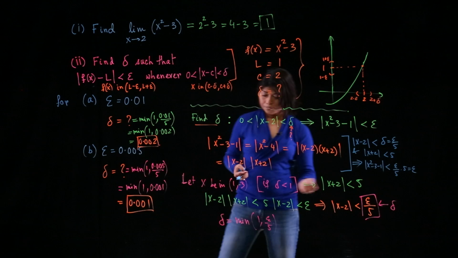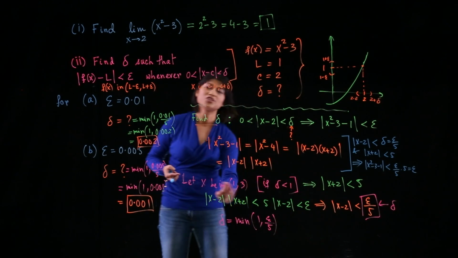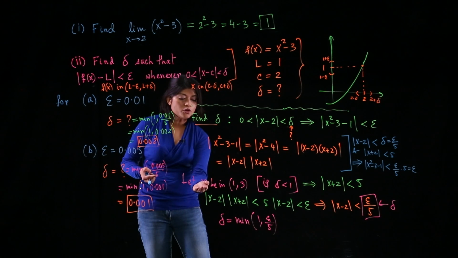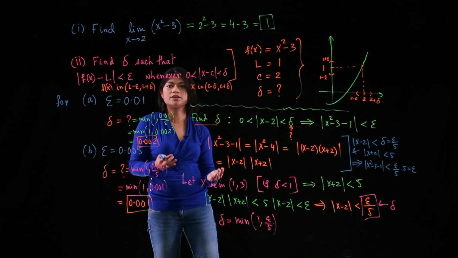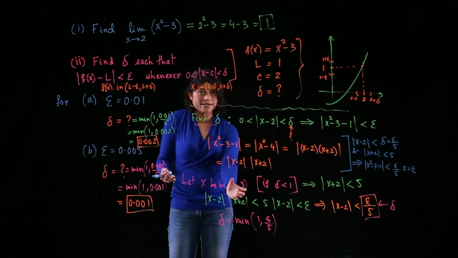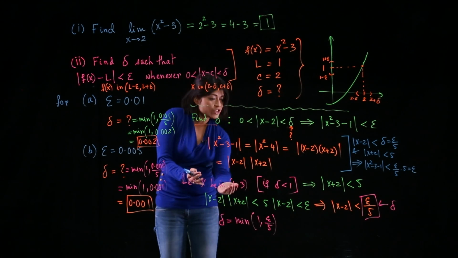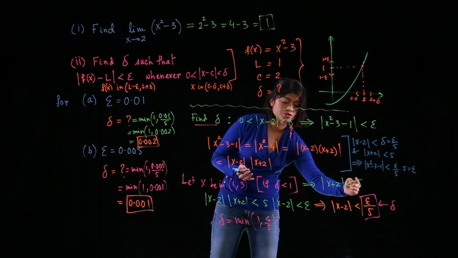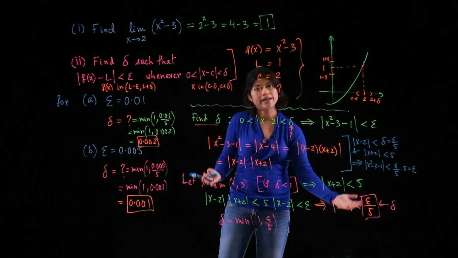Okay, now here to find that upper bound, we also made an assumption that suppose we consider x is already inside the interval 1 to 3. Notice that this is arbitrary. You can change that. You can make it bigger or smaller as you want. And if you change that, this number will change, which means this expression for delta will also change, which is okay.